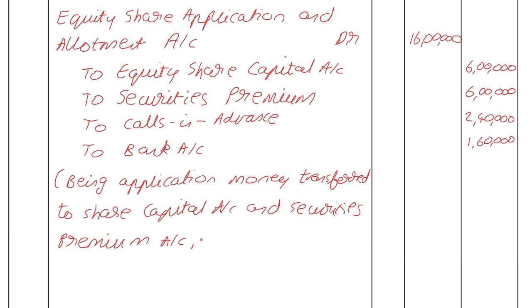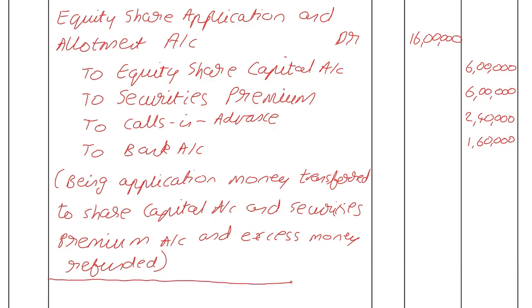Okay, then, and excess money refunded. You can talk about pro rata going to calls in advance if you want. That also you can do. This much should do. Okay, you're done.